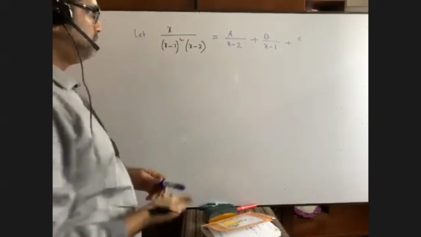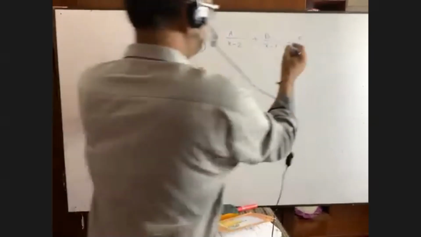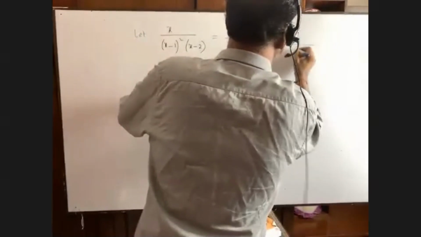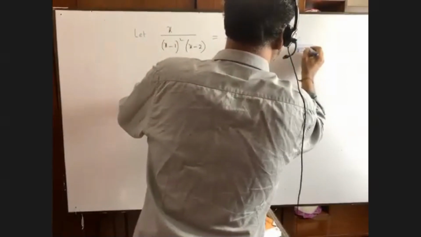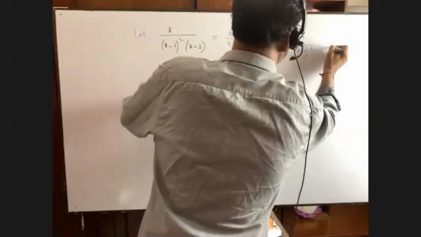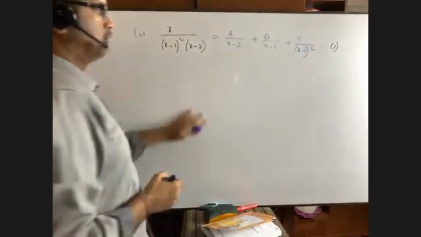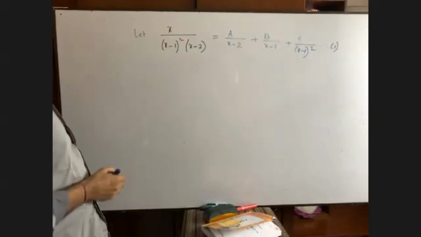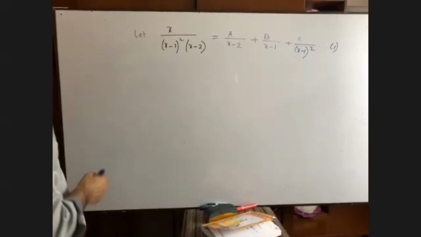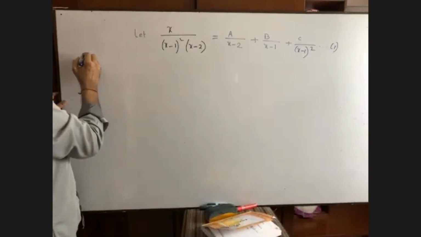Okay. Now C by x minus 1 whole square. Have you got it? Yes, sir.